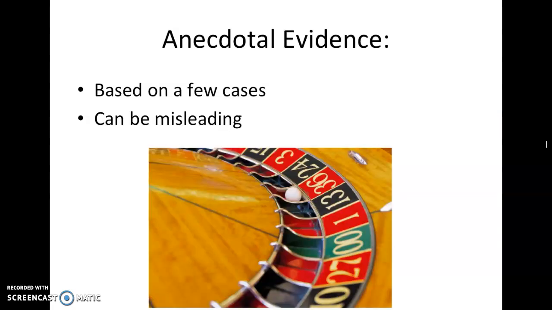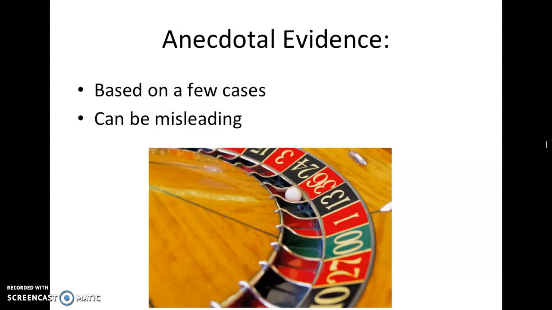One of the things you get in trouble with if you're looking at specific cases is a thing called anecdotal evidence. Anecdotal evidence is based on a few cases. It can be misleading, and it's considered data collected in a haphazard fashion.